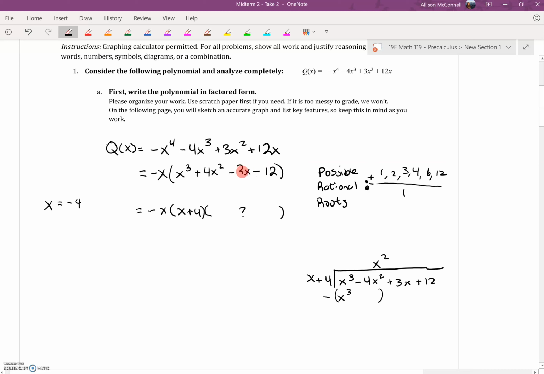Thank you. So I need to double check. There we go. So x plus 4 times x squared gets you x cubed plus 4x squared. That means my whole quantity is 0. And I like to put 0x squared here just to keep everything consistent. And then bring down that -3x.